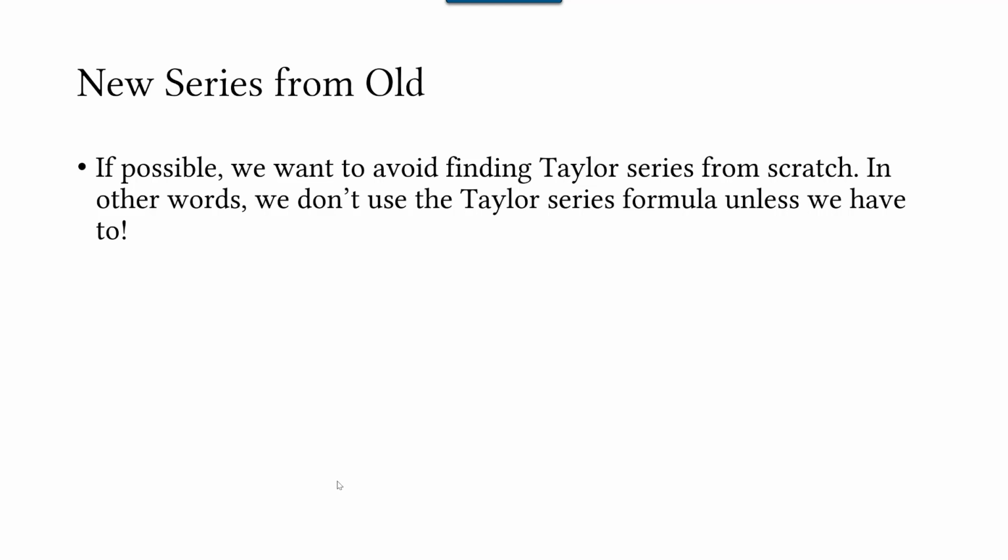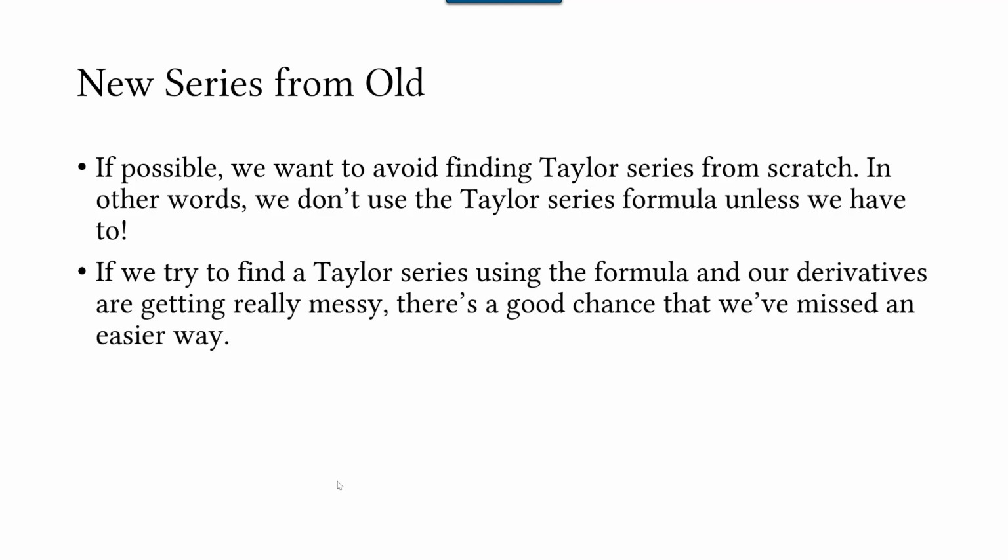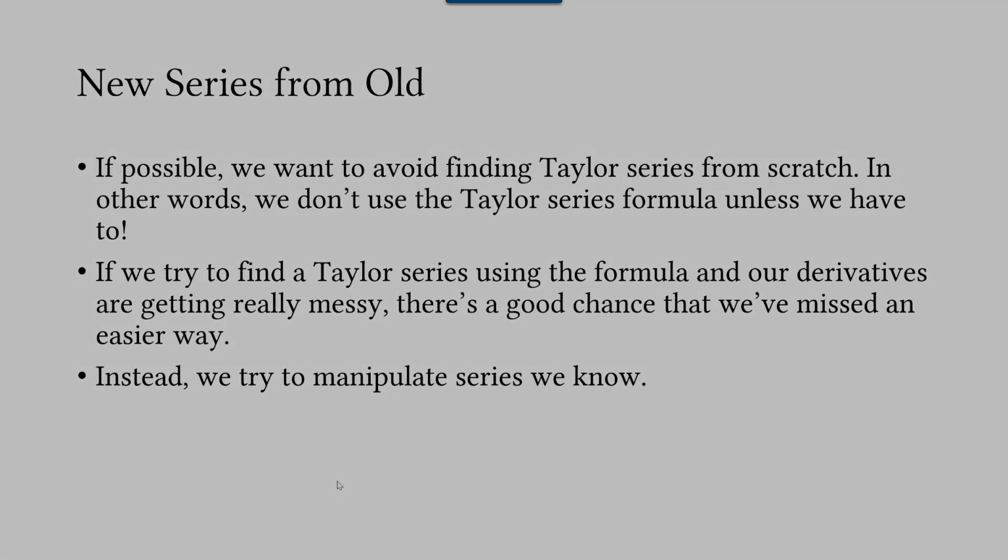We have to be able to do it for the test for simple examples, but those can get messy in a hurry. So if we do find ourselves trying to find a Taylor series from scratch by finding derivatives, and we're getting a lot of really messy calculations, that's generally an indication that we should try a different way. The main alternate way is to find a series that you already know and try to use that instead.